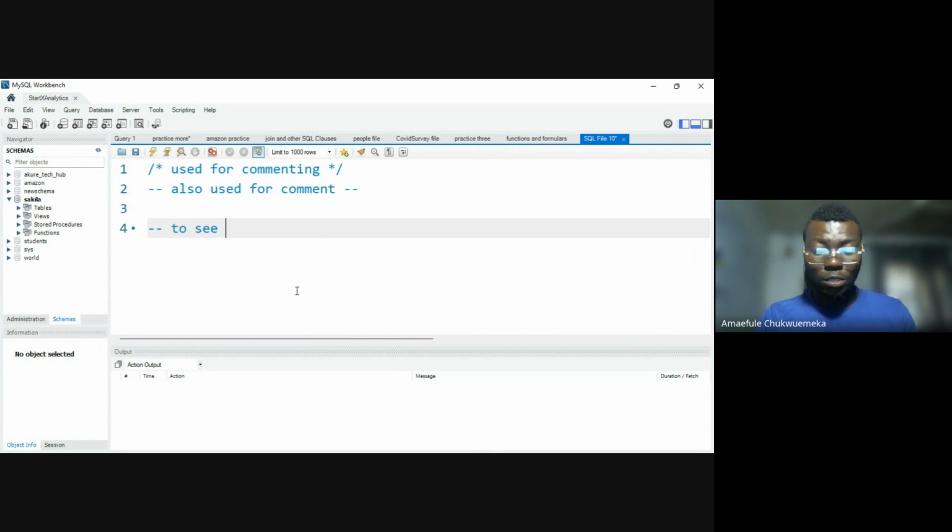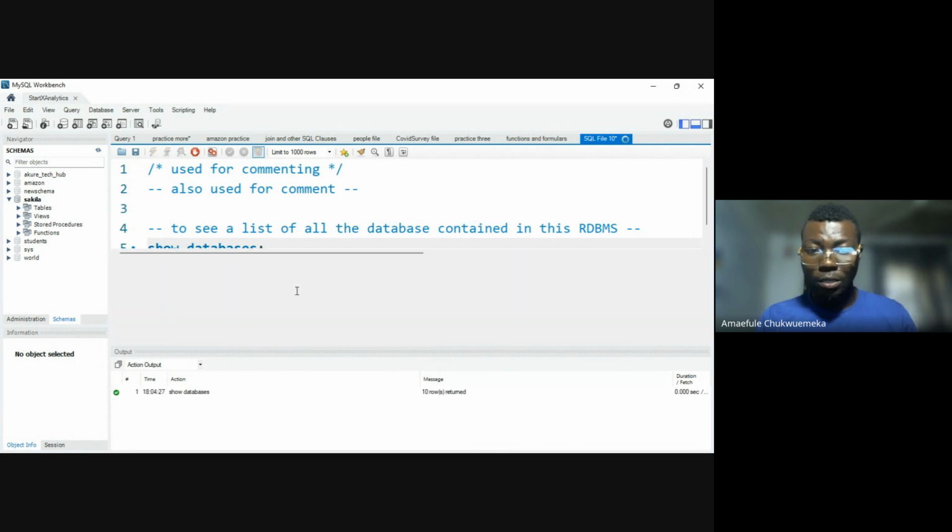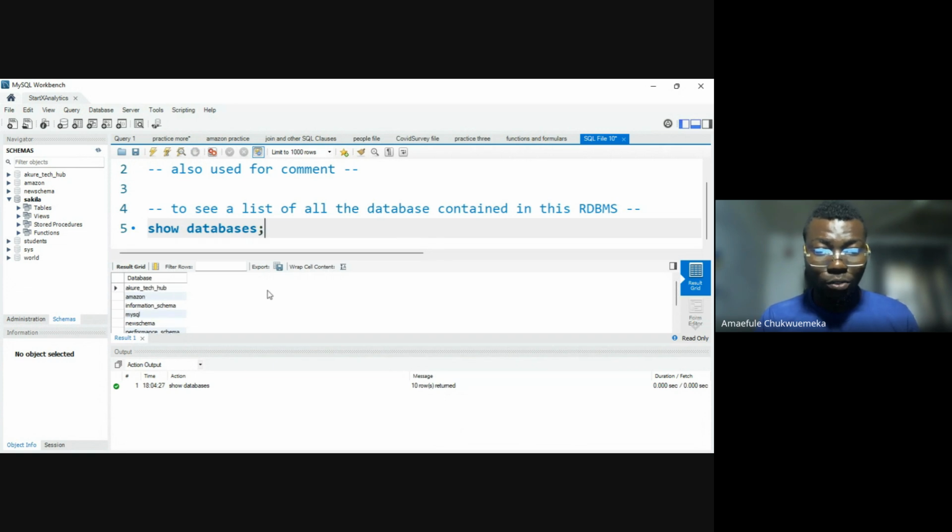To see the list of all the databases contained in this RDBMS, I'm going to say show databases. If I run this, I get a list of all the databases. Some of the databases I've worked with are Operator Hub, Amazon, Information Schema, MySQL, New Schema, and so on. So that's the list of the databases.